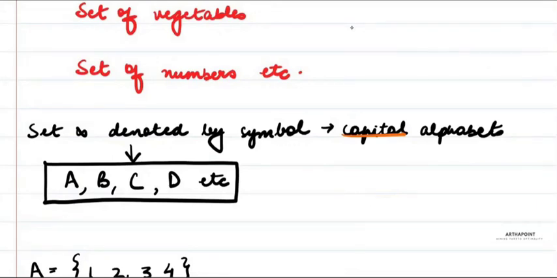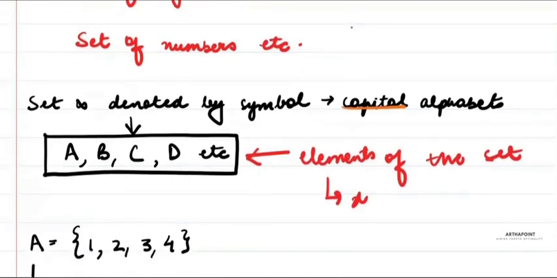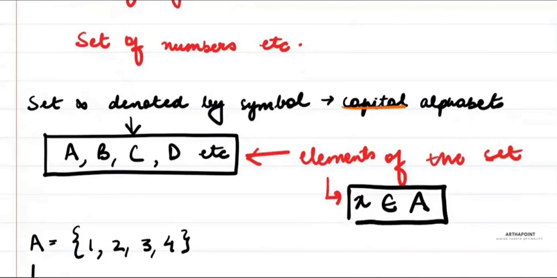But the elements of the set will be denoted by small alphabets. So I can go ahead and say that there is this element x that belongs to the set A. This can very well be done.